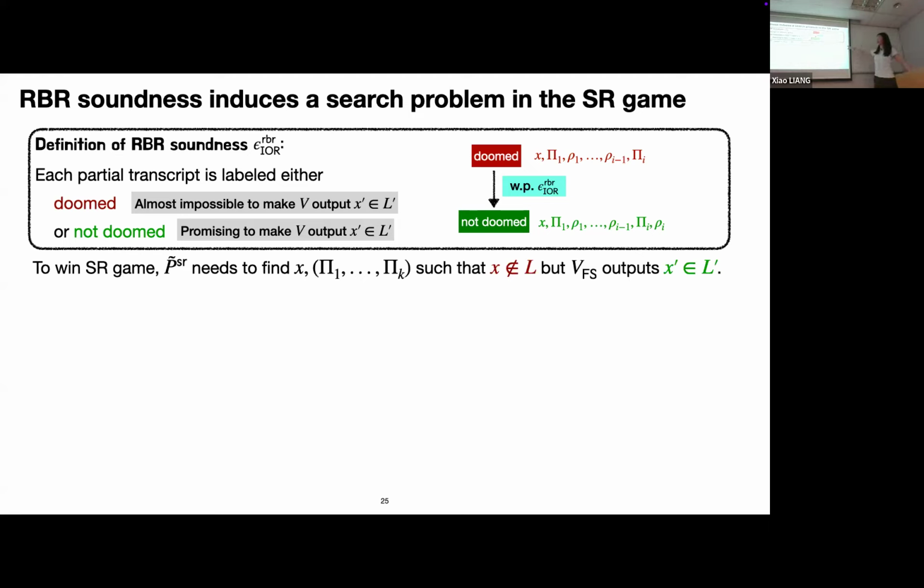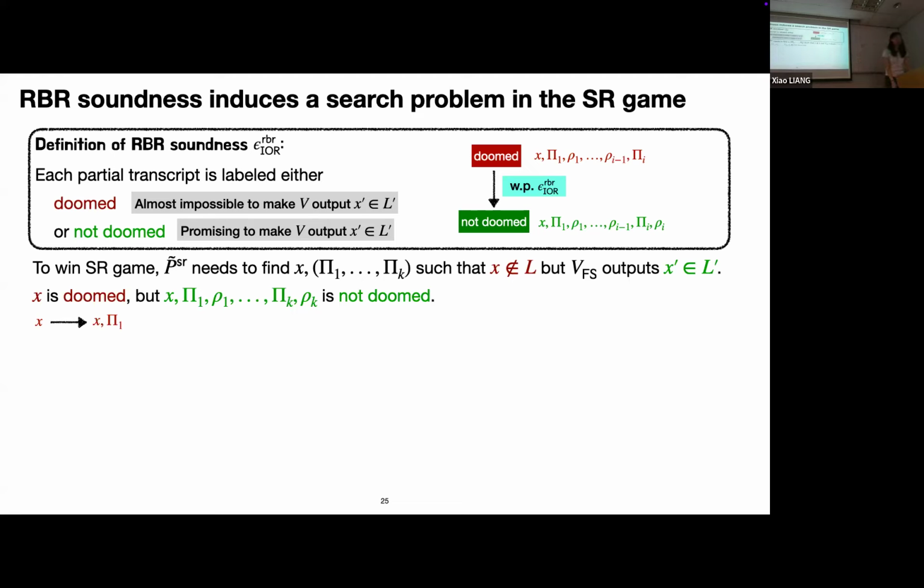In order to win the SR game, the prover will need to find a transcript such that the initial instance is a no instance, but the verifier outputs a yes instance. So X is a doomed instance, but then the whole transcript becomes not doomed somehow. Let's see how this transcript is constructed. You first start with a doomed instance.